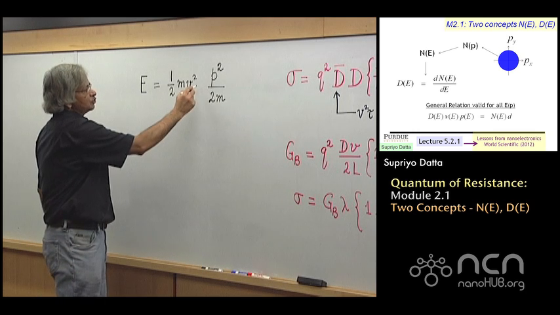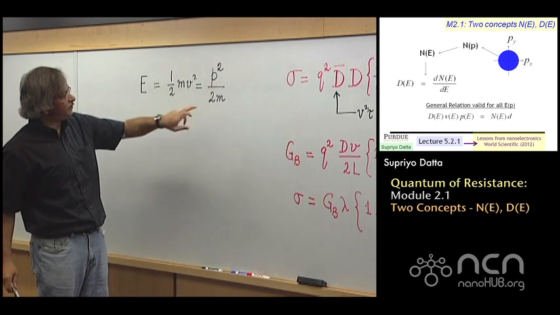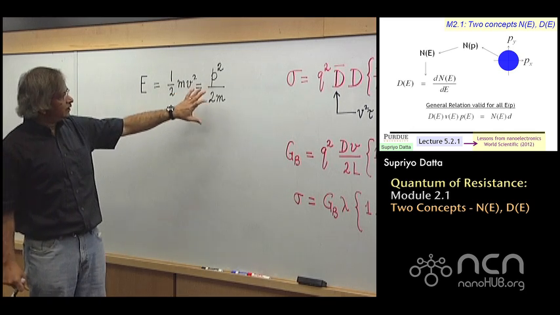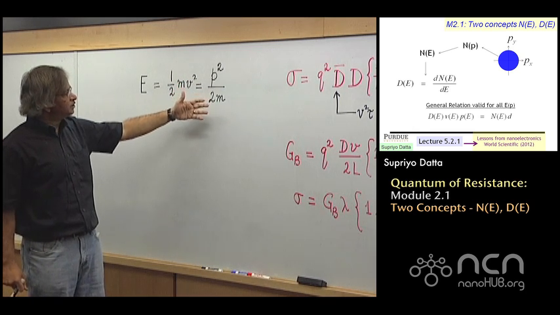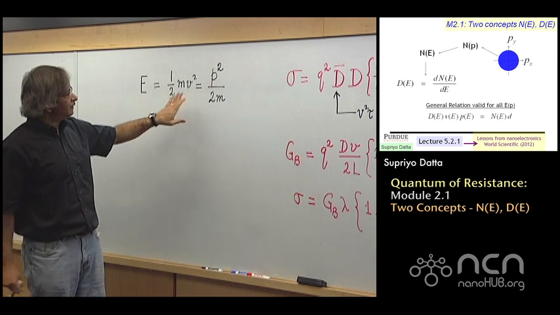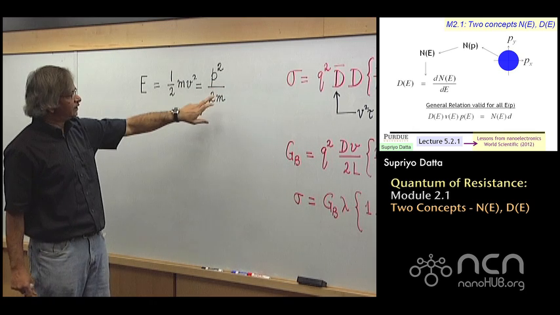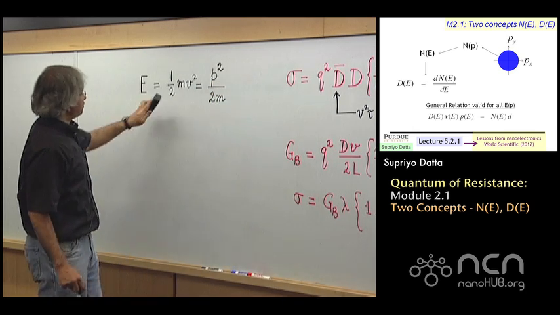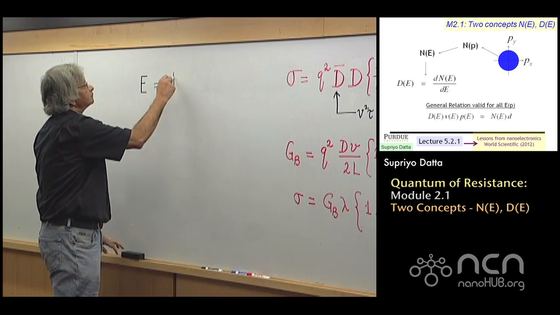So here, of course, those two are equal. You could show easily that if p is equal to mv, those two are really the same thing. But in general, as we'll discuss, there can be more general energy momentum relations where this one may not be quite right, but this still is. So this is the one that we'll be working with. And usually people write E equals p squared over 2m.